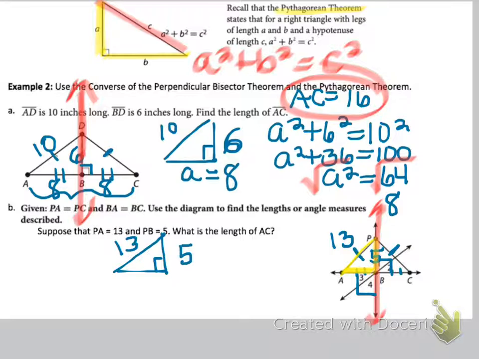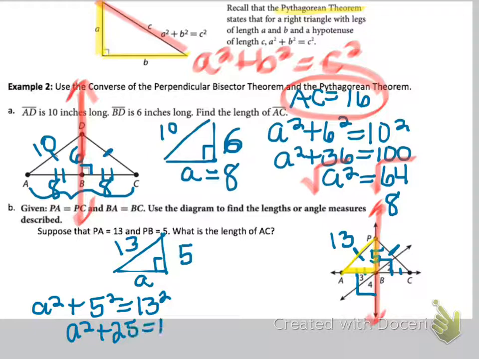Then we can use the Pythagorean theorem again and say, let's call this A squared plus 5 squared equals 13 squared. So again, the sum of the squares of the legs is equal to the square of the hypotenuse. So A squared plus 25 equals 169. If I subtract 25 from both sides, I end up with A squared equals 144.